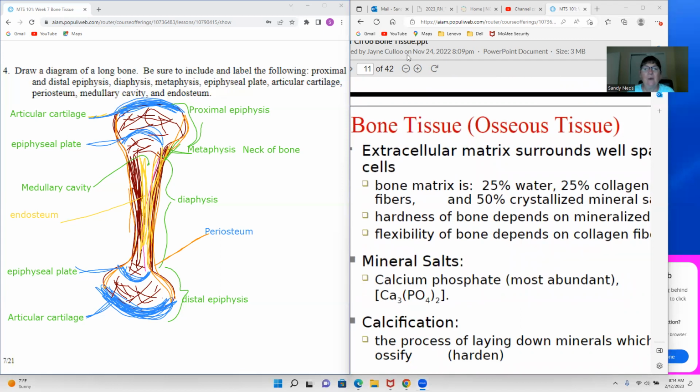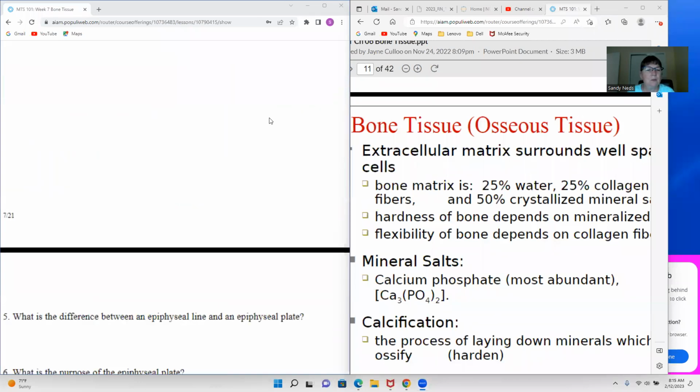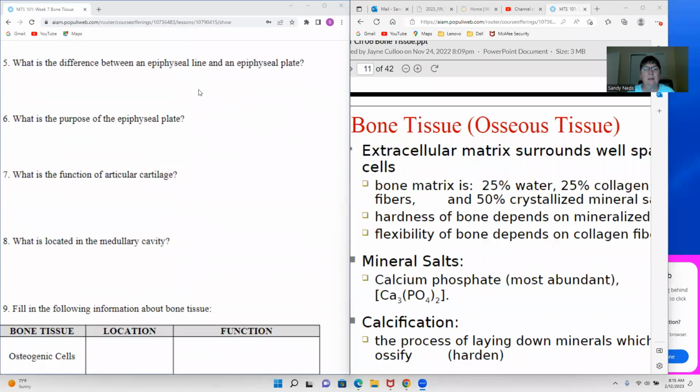So let me clear off this slide and let's move to this question. The question wants to know, what is the difference between an epiphyseal line versus epiphyseal plate?